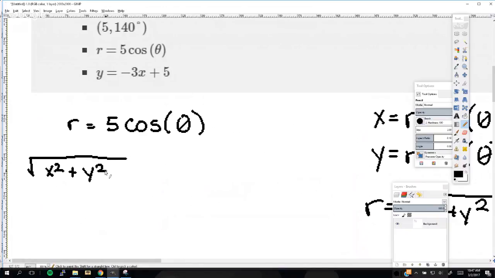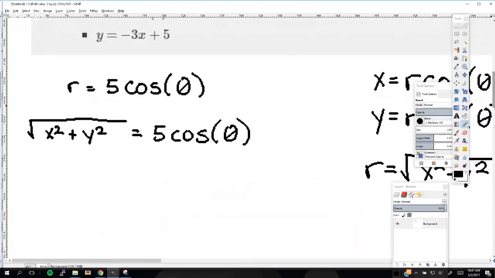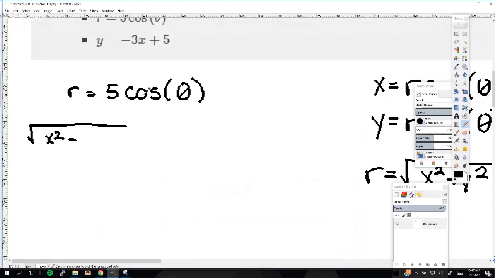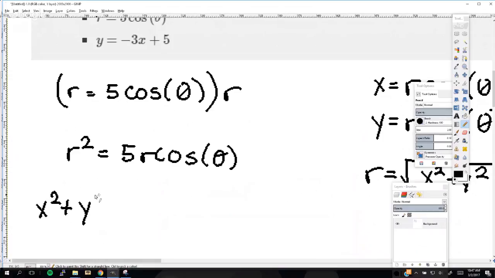And then I'm trying to figure it out from there, because in the answer he gave, he has a y squared, so you'd want to keep that. Something I've tried before was multiplying the entire thing by r. That would give you r squared equals 5r cosine theta. So you could turn it into x squared plus y squared too. Yeah, it just gets rid of the square root.